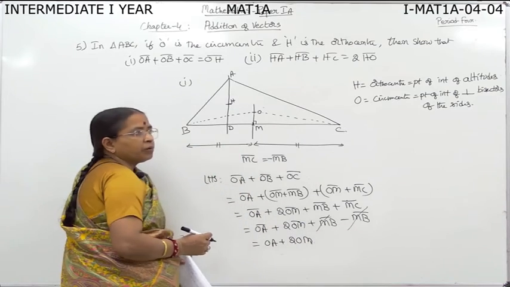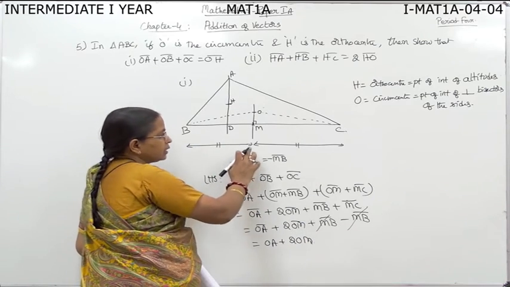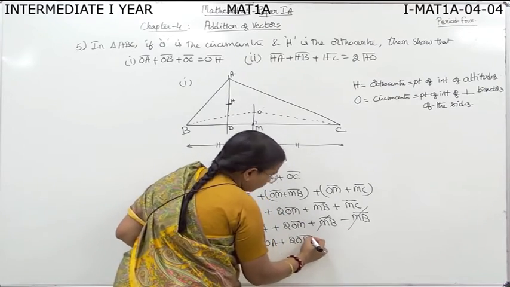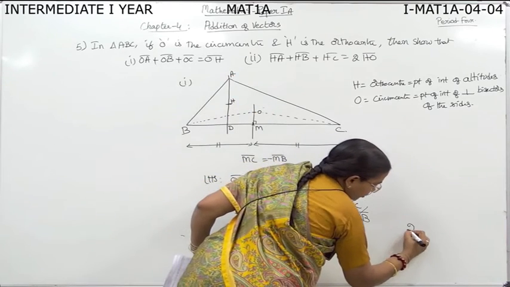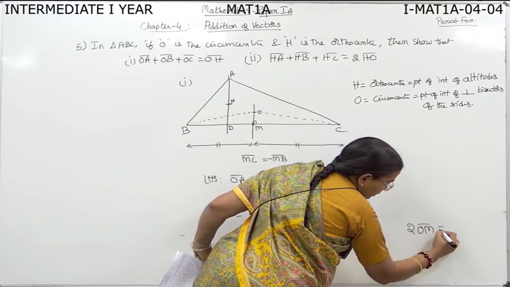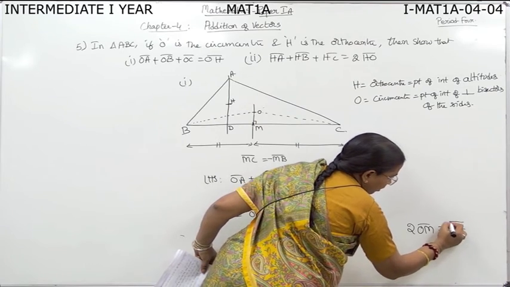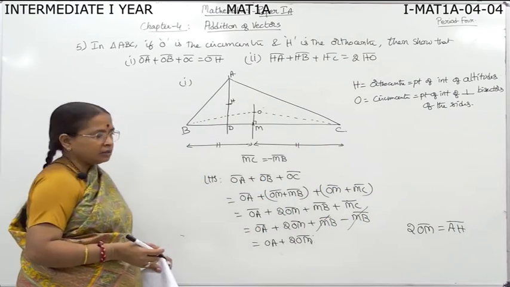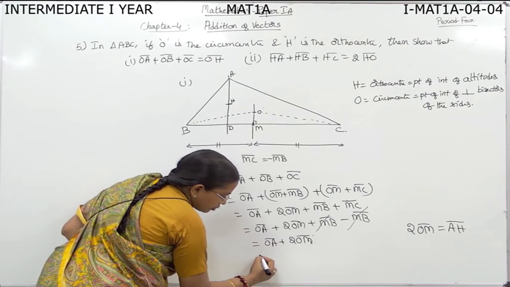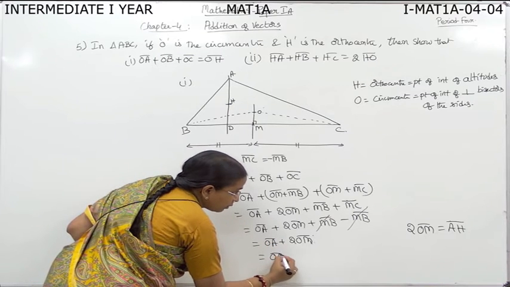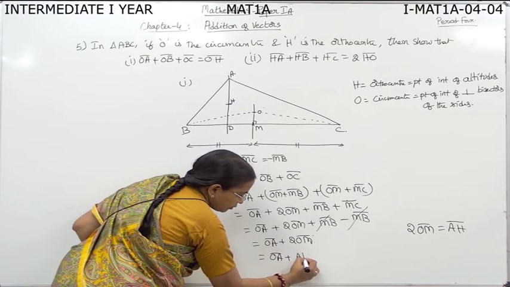Now we have one property from triangles that 2 times OM is nothing but AH. We have 2 times OM as AH. This is from properties of triangles. In geometry you must have learned. So OA plus 2 times OM we will write as OA plus AH from geometry.